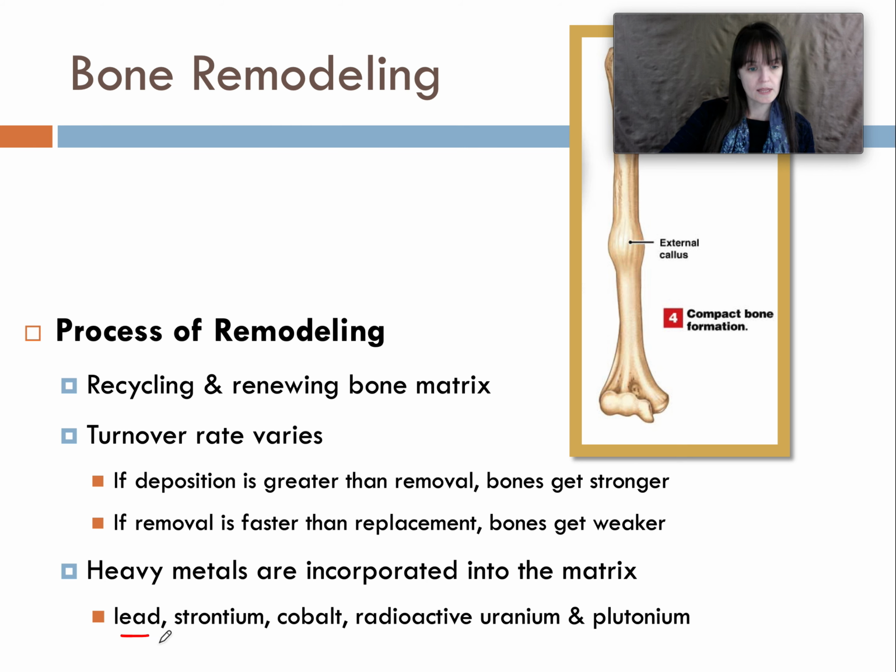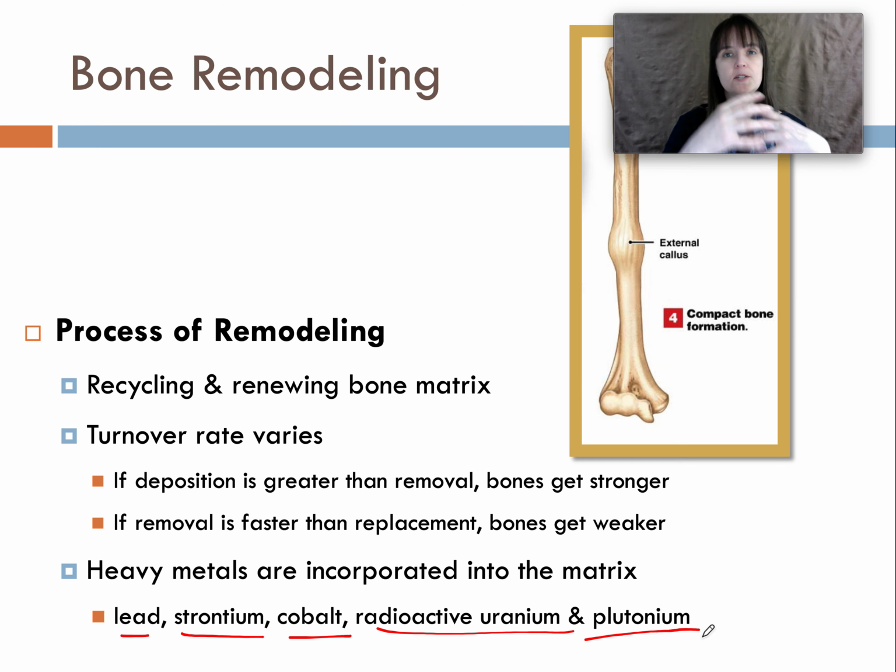Some heavy metals, and explain how they can interact with the skeletal system: lead, strontium, cobalt, radioactive uranium, and radioactive plutonium. Radioactive compounds are especially damaging because they are released slowly over time as those bones are remodeled. They're stored in the bone matrix, like anything that comes along.